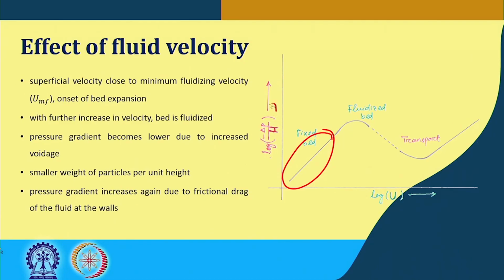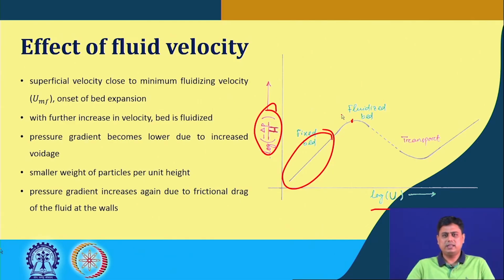Here the parameter is the pressure gradient plotted against u. It reaches a maximum pressure value. Then, if we look into details, we will see that it drops because of the increase in porosity or voidage in the bed.